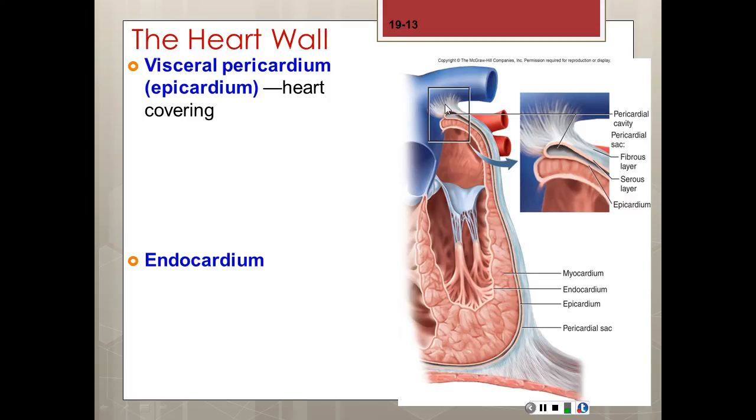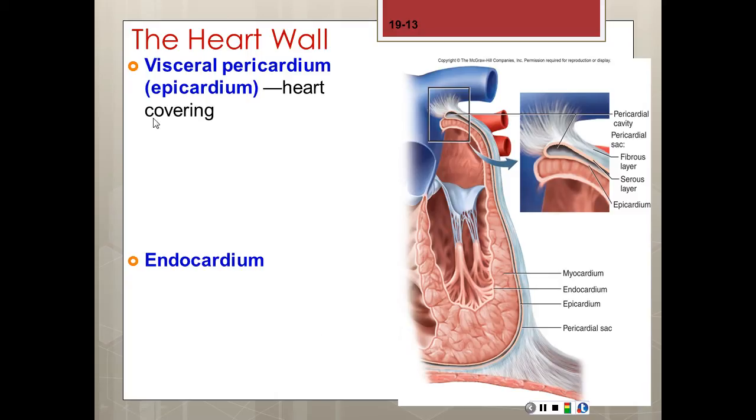And then at the top we have it also anchoring to part of the blood vessels here. And it also anchors, as I said before, to the sternum. So it's anchoring to the diaphragm and the sternum, which is in front. It is part of the rib cage. Hope you remember your anatomy, your skeletal system.